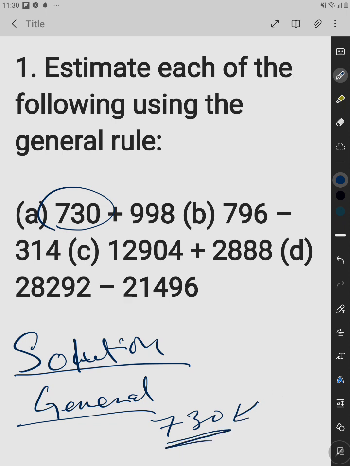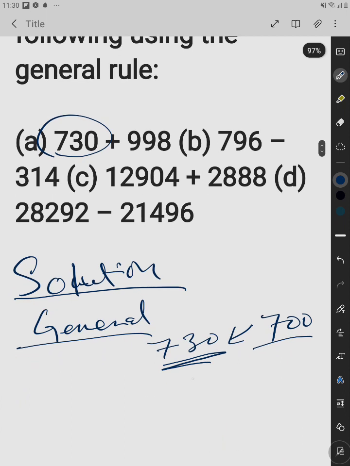Since it is less than 750, it will be rounded down to 700. If it would have been more than 750, for example 756, then we would have considered it as 800. So nearest 100, whatever is available, we will round it off.